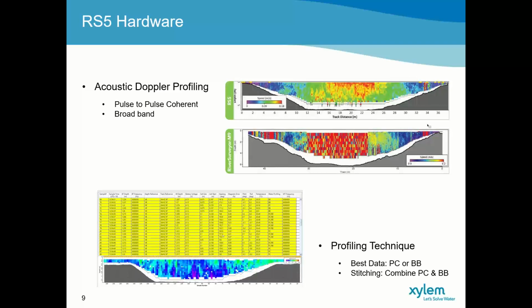So you could have in a single sample, as you can see here under Aurora profiling, a sample that consists of both PC and broadband. This is almost a similar technique that's used in oceanography, where they put bottom-mounted systems and it profiles up to the surface with different profiling techniques.